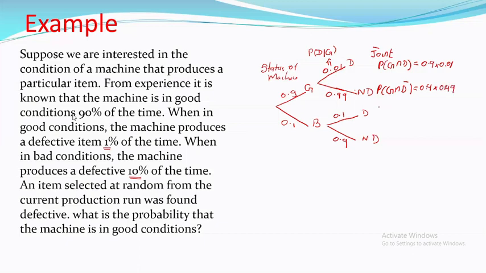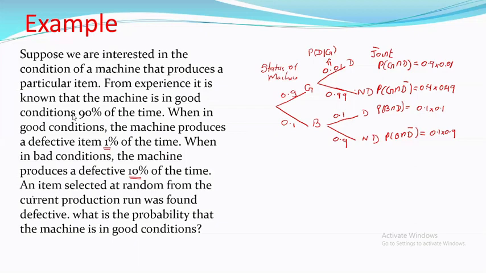Then the machine is bad and producing a defective item, so that is 0.1 times 0.1. Then the machine is in bad condition but producing a non-defective item, the complement, so that is 0.1 times 0.9.